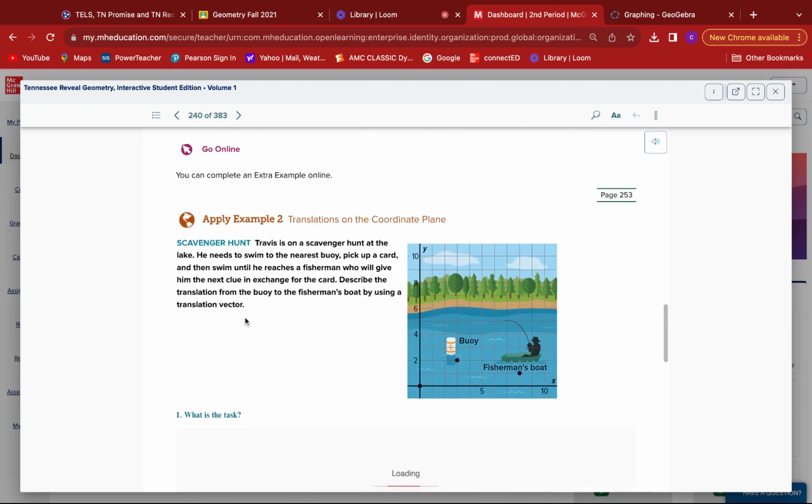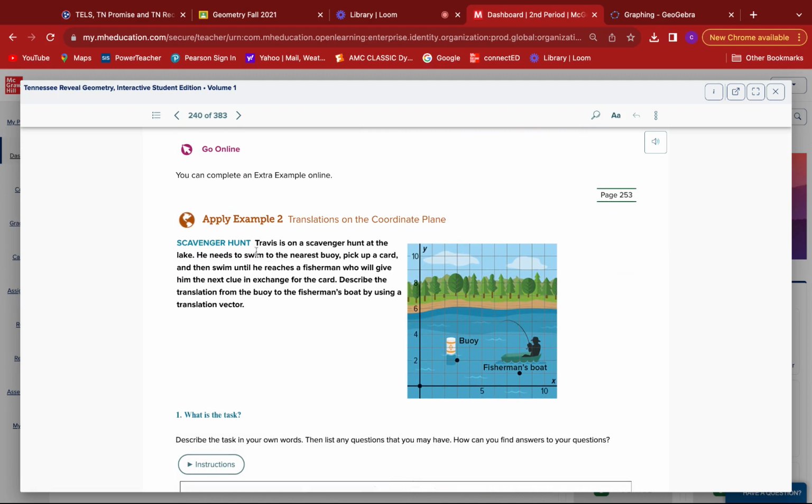Example number 2. All right, scavenger hunt. Travis is on a scavenger hunt at the lake. He needs to swim to the nearest buoy, pick up a card, and then swim until he reaches a fisherman who will give him the next clue in exchange for the card. Describe the translation from the buoy, this is your initial point, to the fisherman's boat, this is your terminal point, by using the translation vector.